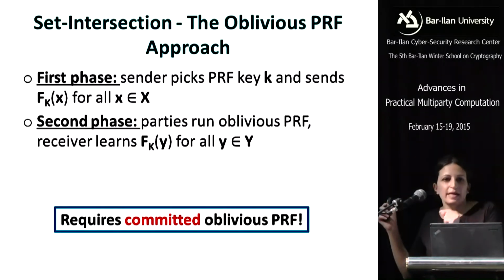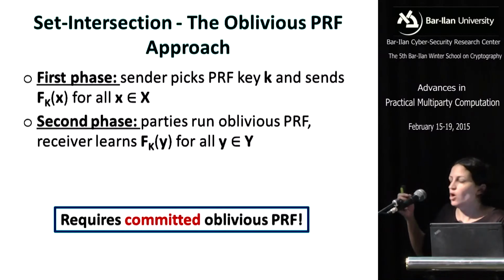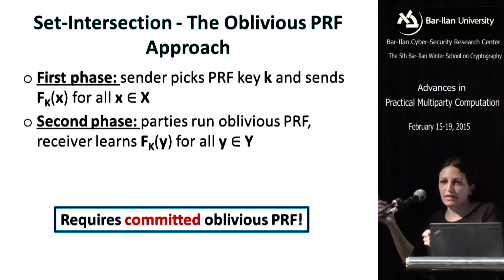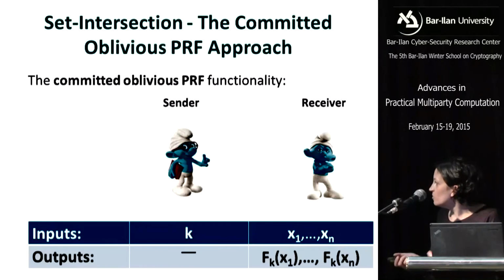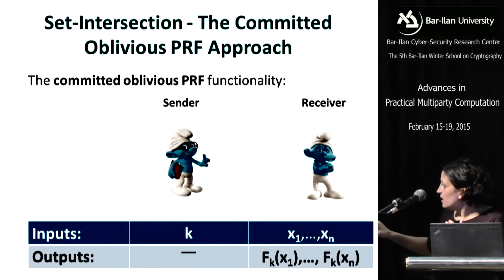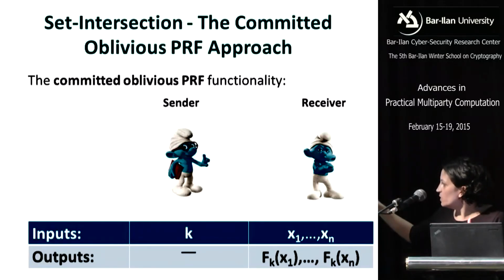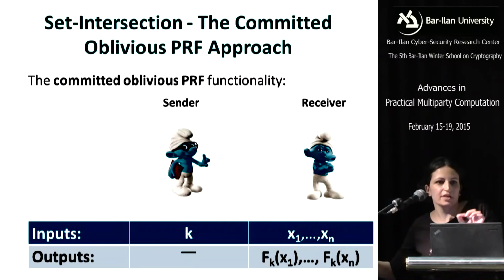To make the proof work, we really need a stronger object, not just the Oblivious PRF, but something called committed Oblivious PRF. So what is committed Oblivious PRF? Basically, the receiver has, instead of one input, a set of inputs, and we want to make sure that the sender is using the same PRF key for each one of the evaluations.